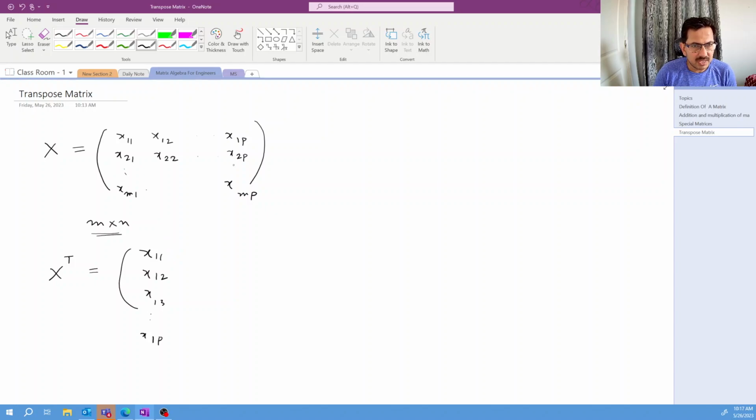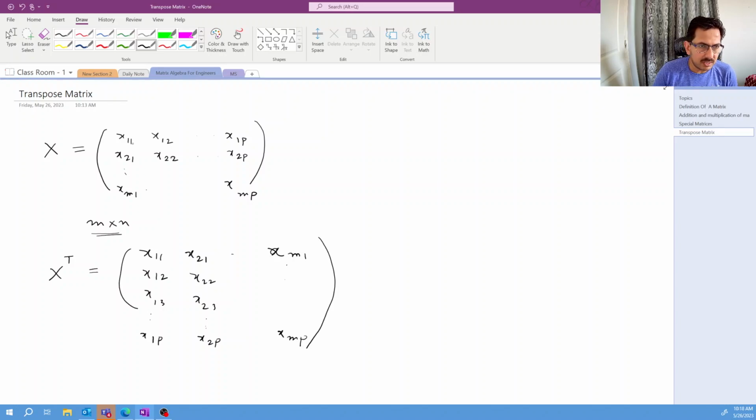Then the second row will come as my column: x21, x22, x23 will come like this, and x2p will come like this. Okay, and the last one will be xm1 to xmp. Okay. So this is the way this transpose will happen.